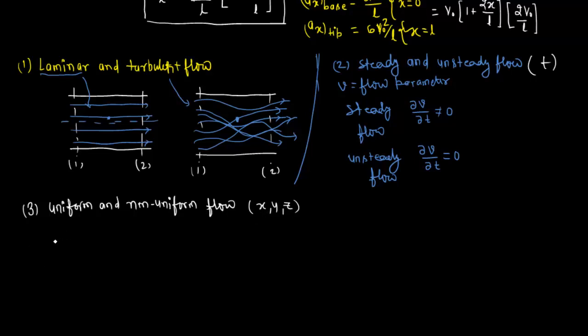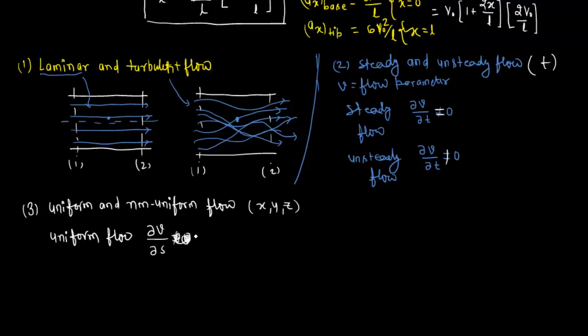If some flow is uniform flow, in that case the flow parameters are not a function of space parameters. Sorry, I defined this wrongly. It is actually equal to 0, not unequal to 0, in this case.